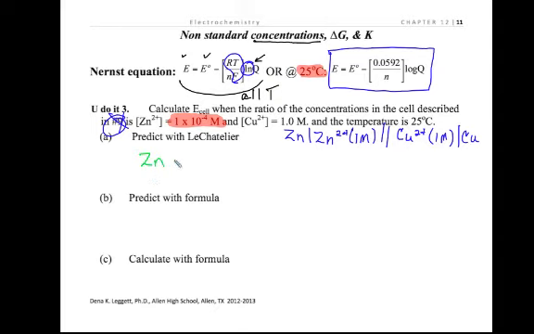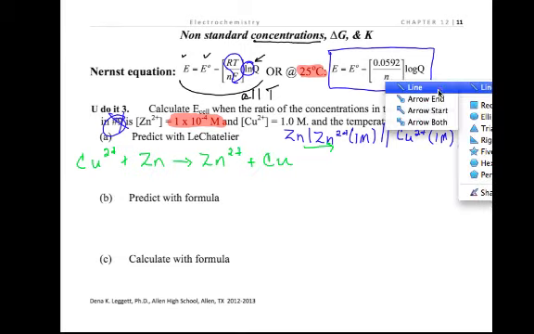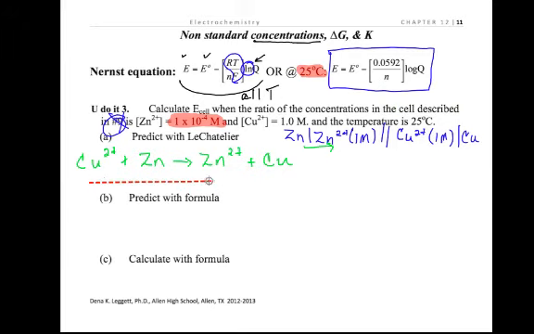So we have zinc going to zinc 2 plus, and we have copper ion going to copper. So that's our balanced equation. Let's get our little line that's kind of our trick for Le Chatelier. So there's our line. That represents our equilibrium or our 1-to-1 molar situation there.